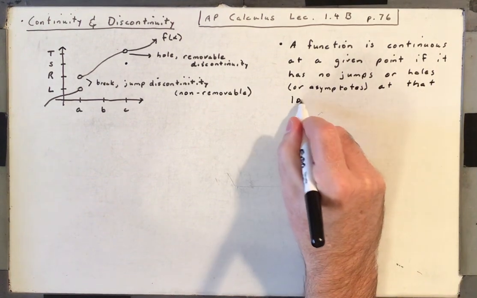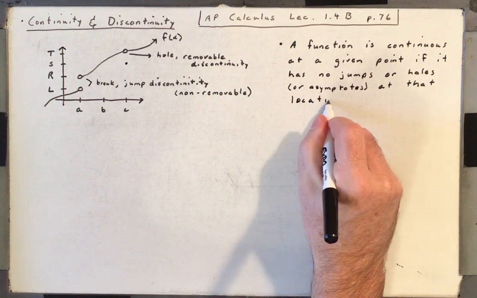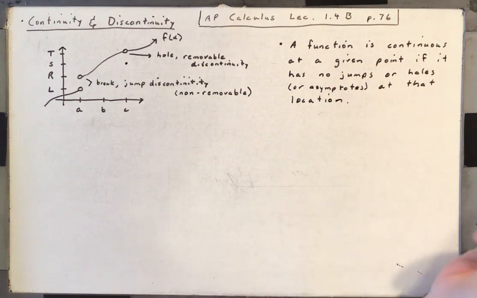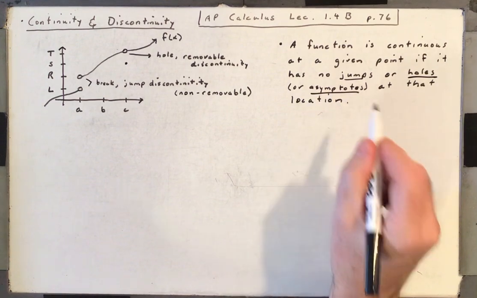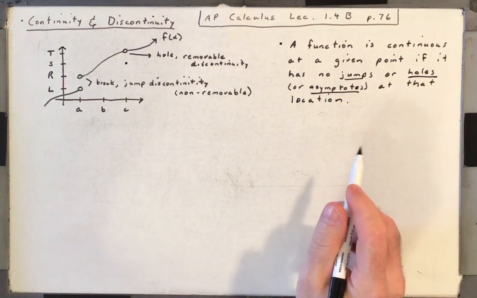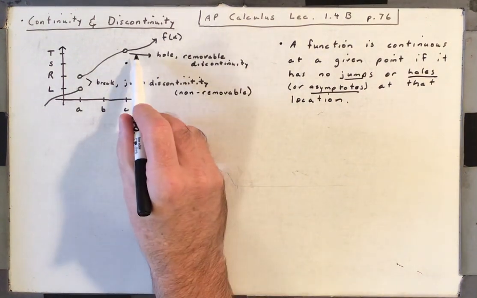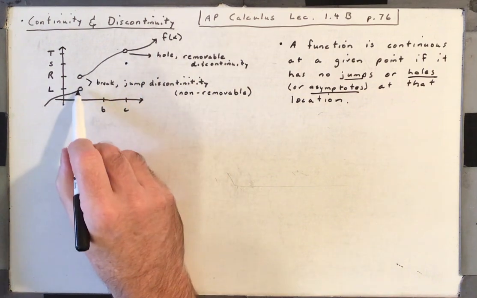I didn't put an asymptote on this graph, but an asymptote would also be a discontinuity. So no jumps, holes, asymptotes. But a hole is a different kind of discontinuity than a jump.